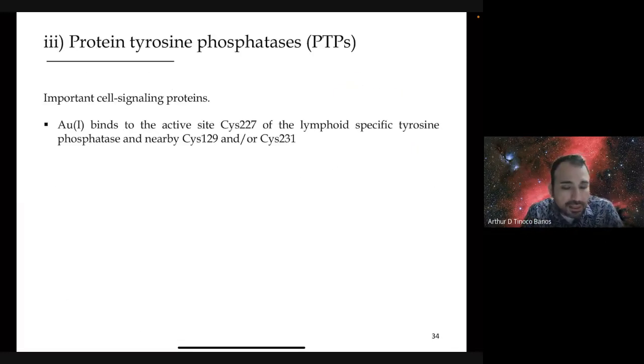You also have the finding of gold interacting with the protein tyrosine phosphatases. We've talked about these types of enzymes, at least in the context of vanadium inhibiting a specific phosphatase.